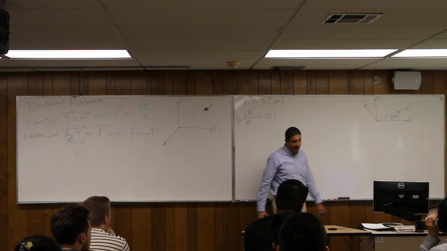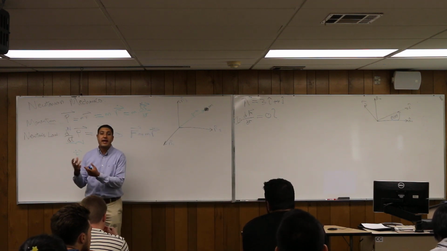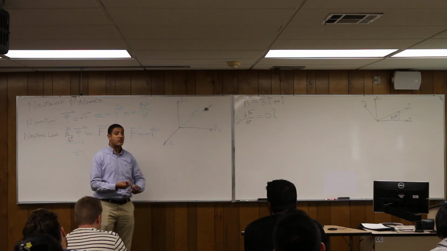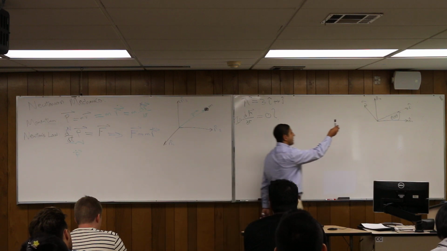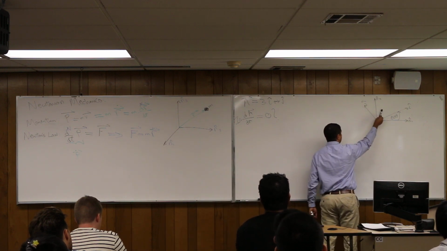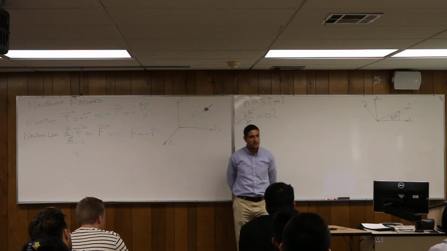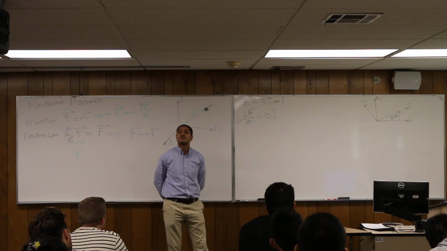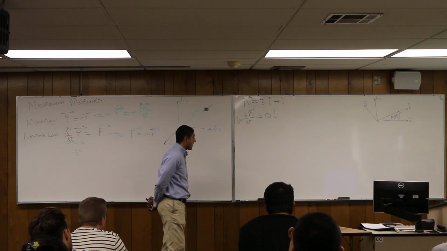So A as a vector quantity is represented by a magnitude, the length, which is constant, it's 5, but direction also, right? So this vector will not be changing its length, but will be rotating with i and j. So its time rate of change is not 0. It is changing its direction, not the magnitude. Okay?